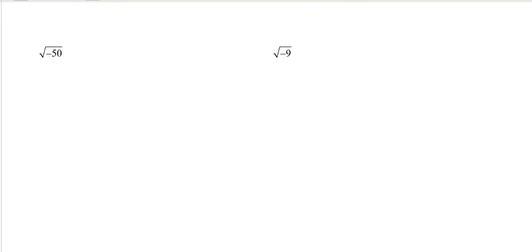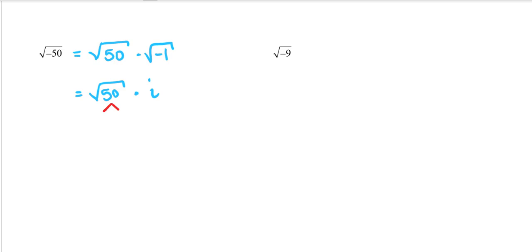All right, I'm going to assume we've done that if so desired. So square root of -50, we've got the square root of 50 times the square root of -1. So that's equal to the square root of 50 times the imaginary unit. Now 50 is not a perfect square, but let's see if it'll simplify. It's not a prime number, so let's make a factor tree for 50.